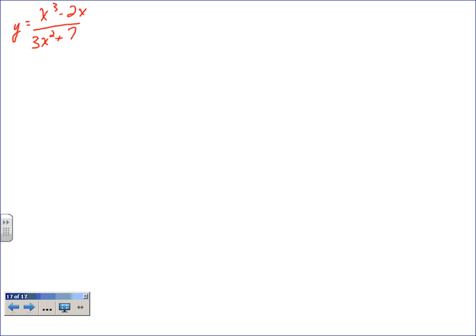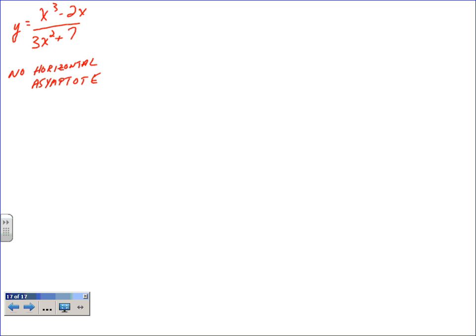If the degree of the numerator is greater than the degree of the denominator, then there is no horizontal asymptote. And those are the three rules.